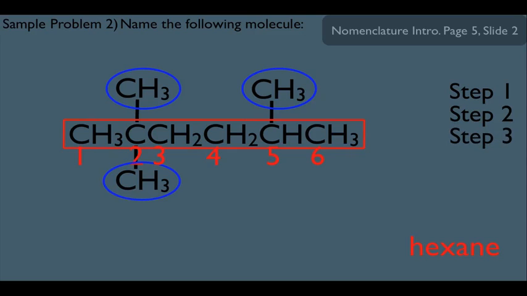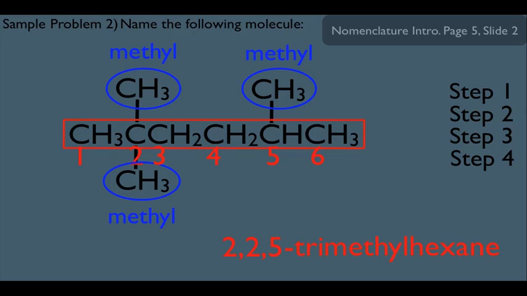We already have our substituents circled here, so let's just label them. Notice they're all methyls. Which means we're ready for step 4 to complete it. Let's put this all into the name. There happens to be 3 substituents, so it would be 2, 2, 5, dash, tri, because there's 3 methyls.